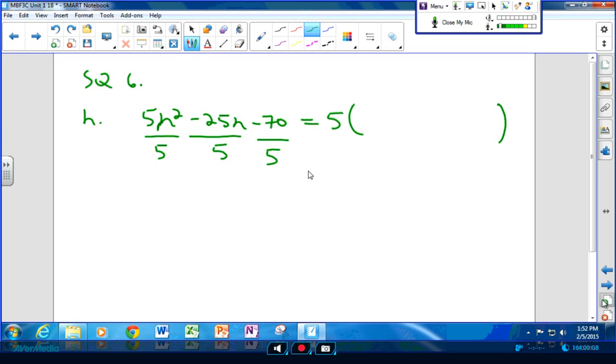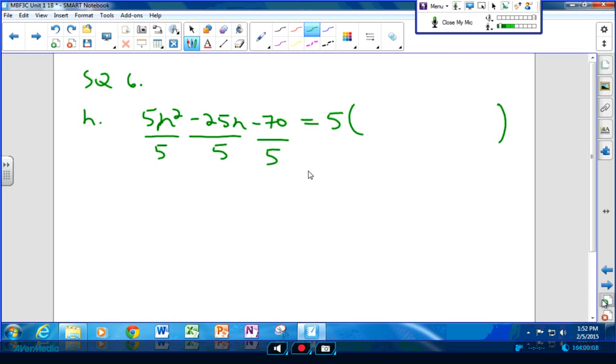We're going to multiply the expression in the brackets by 5 on the right side, and basically this works out to be the same thing. Let me do this. Okay. So we're basically factoring out a 5.